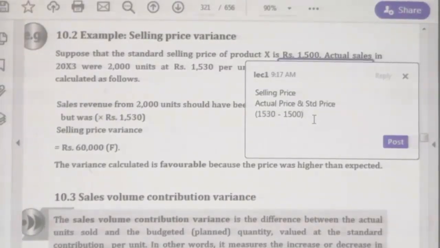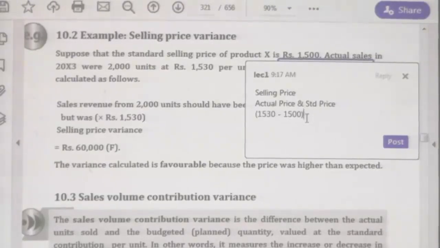From the sales perspective, when actual is more than expected, that is good, whether sales price or quantity, because it is revenue. Now here they were expected to sell it at 1500, but they actually sold it at 1530. They have earned additional 30 rupees.